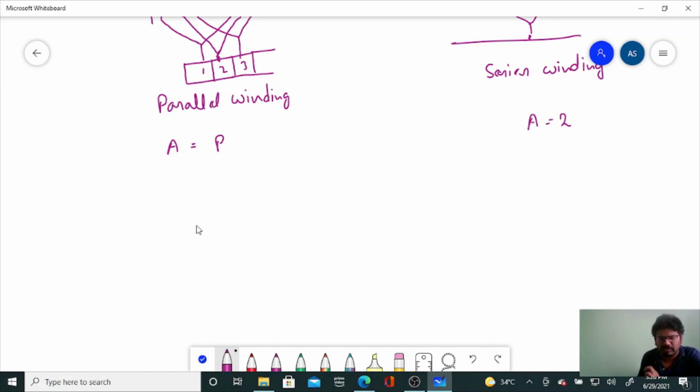Actually, our winding is connected to form parallel paths. Let's say we have 24 conductors with 4 poles, and we are using lap winding, so the windings are in parallel paths. With 4 poles, we'll have 4 parallel paths.